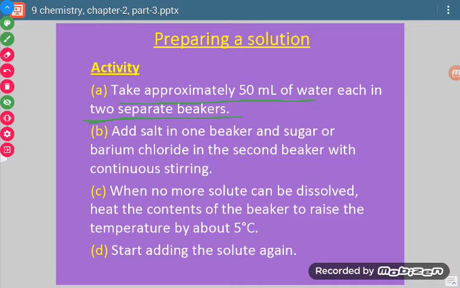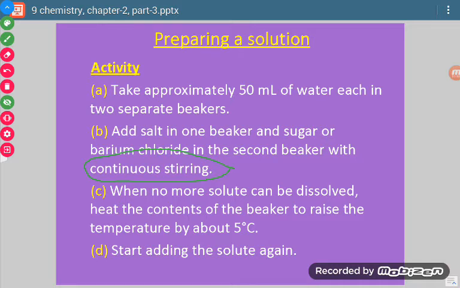In one beaker we will add salt, in another we can add sugar, and in the third we can add barium chloride. Now we will continuously keep on stirring, and then we will obtain a particular solution.